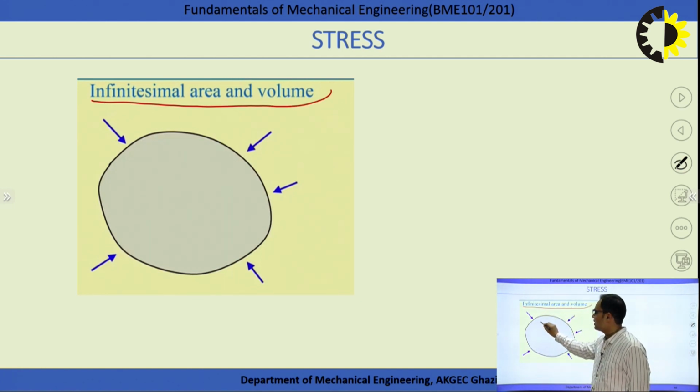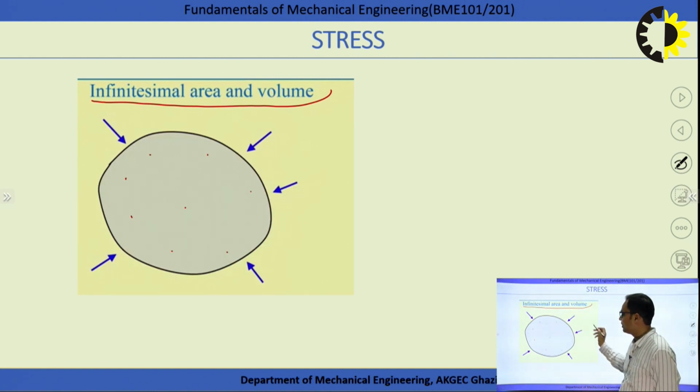If I consider different points on the body, every point is subjected to a different stress, because stress and strain are point descriptions. So every point has a different stress and strain.